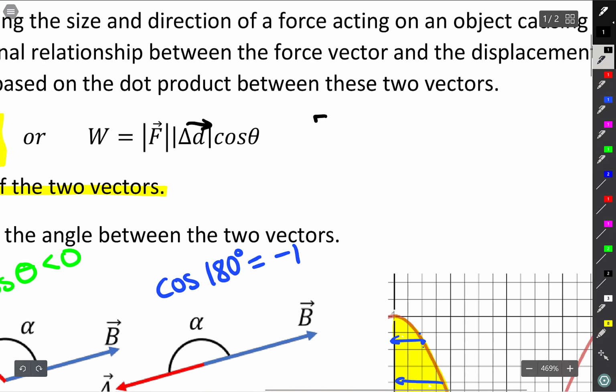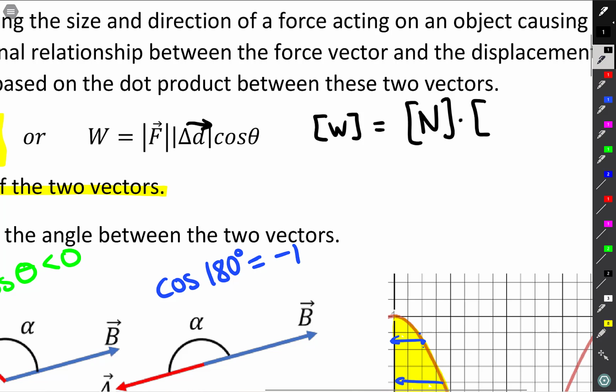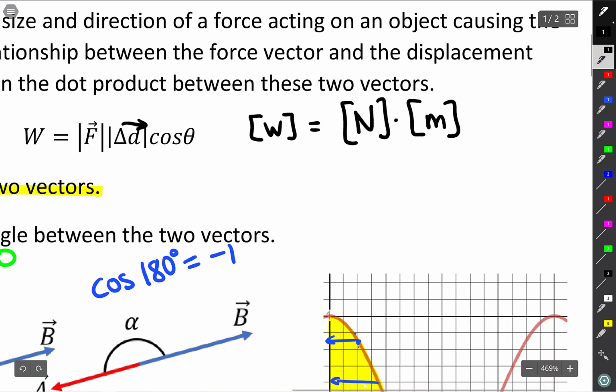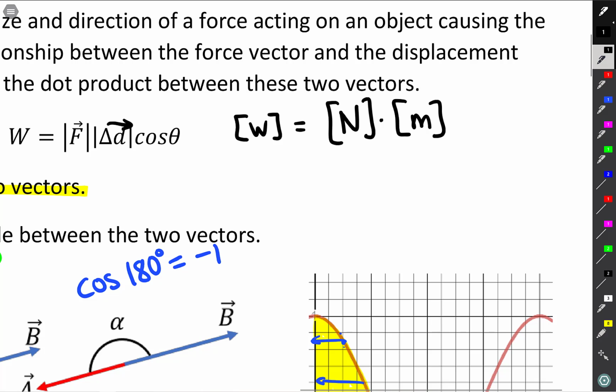So let's say the units of work is going to be the units of force, so that was Newton, multiplied by the units of distance or displacement, which is meters, and then units of cosine. Well, angles don't have units. You can say degrees, but we can drop the degrees for our discussion here.